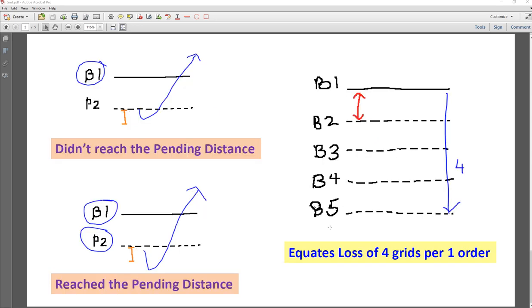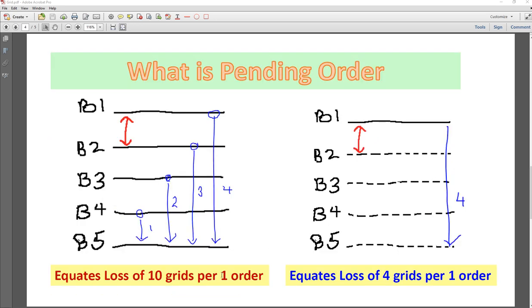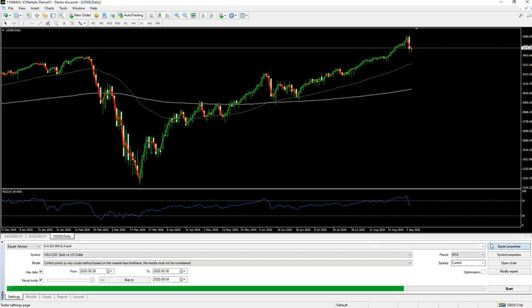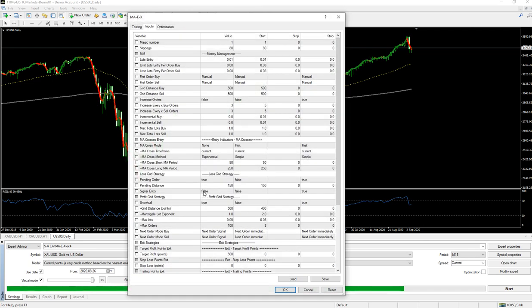Now, using the regular grid system, I told you to set the pending distance to 0, right? Which means that you'll buy right away once the market comes down to the grid distance.